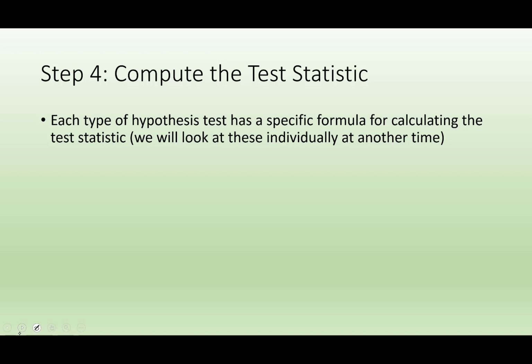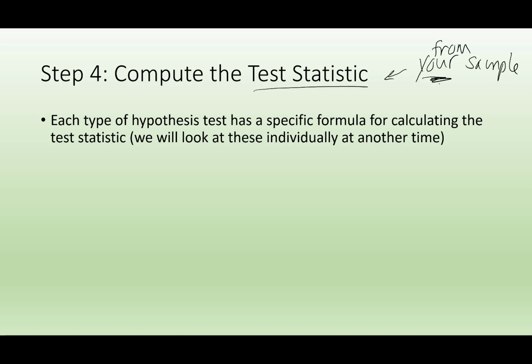Okay, the fourth step. Now we're actually going to have to compute what's known as the test statistic. This comes from your sample of data, whatever you gathered. So our test statistic is not from the original claim that we read or that we hear.